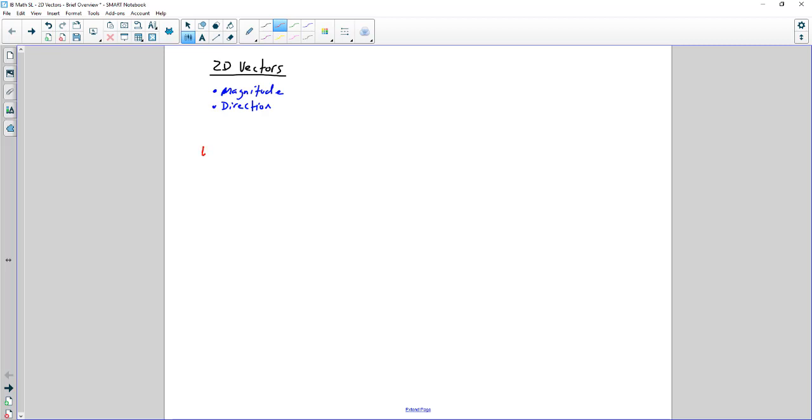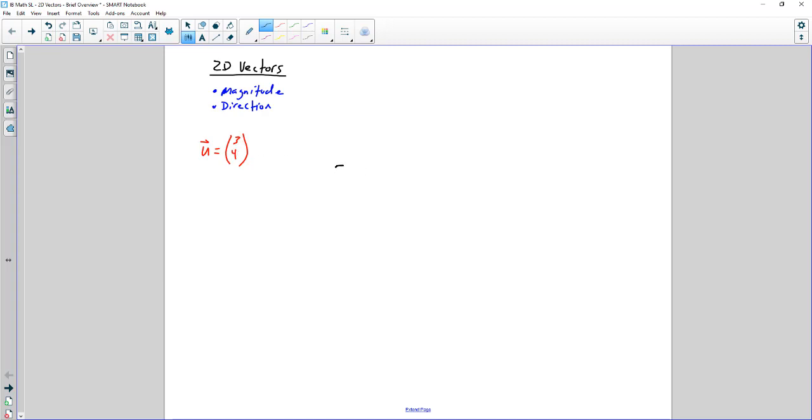So we have vector u, and this could be written as a matrix. So when I say as a matrix, we can write it, we'll just make this up, 3 and 4. So what this means to me is that I have an x component right here and a y component right here. So these themselves are vectors.